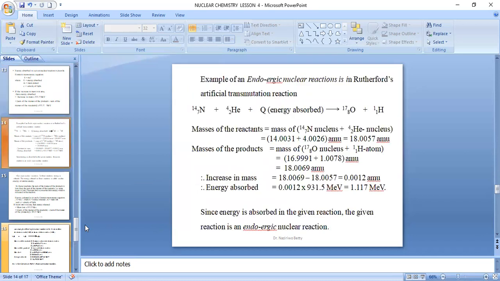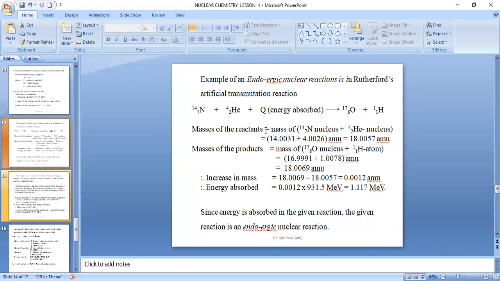An example of an endergonic reaction is Rutherford's artificial transmutation reaction. Here, nitrogen-14 is bombarded with an alpha particle and a larger quantity of energy is absorbed to give rise to oxygen-17 plus a proton.